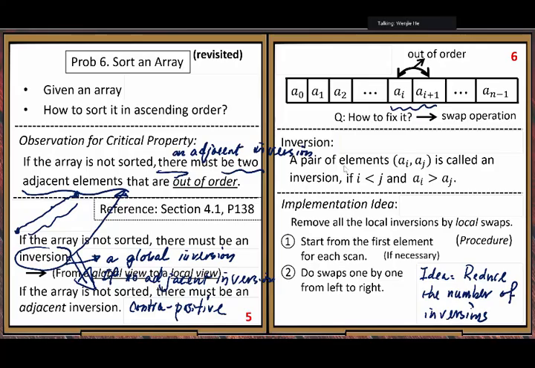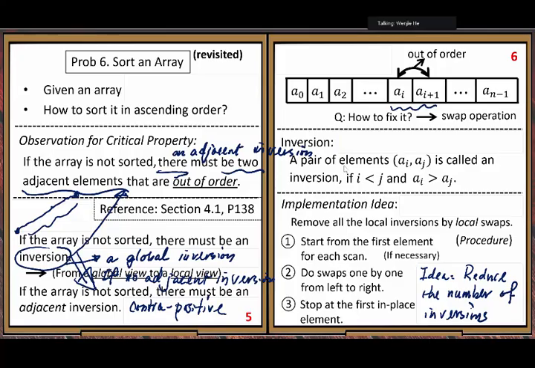All right. Then the third step, each scan, we need to stop at the first in-place element. Because there is another important property we need to observe.